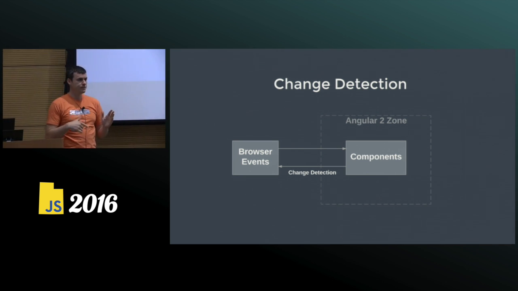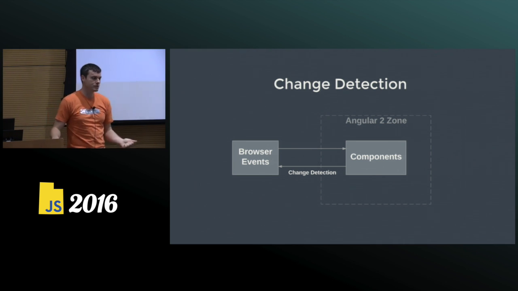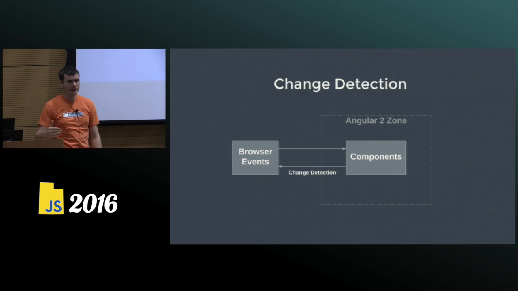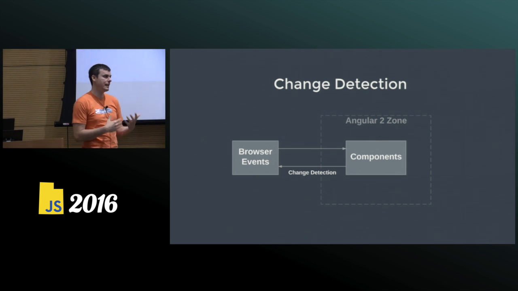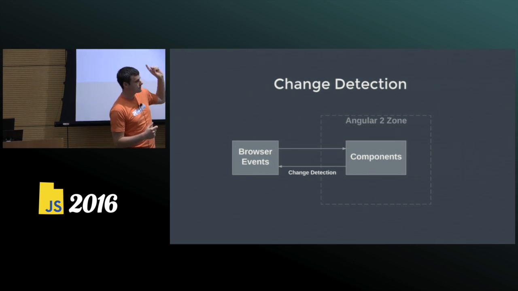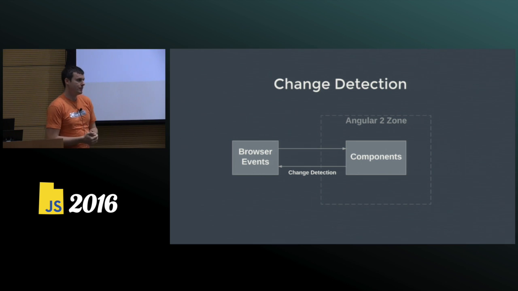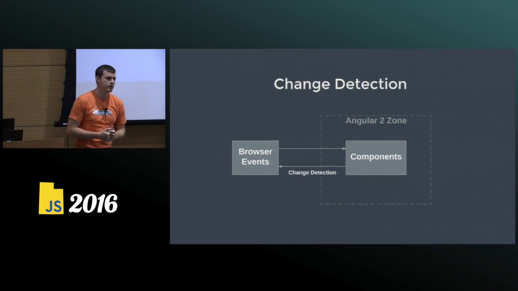After the set timeout finishes, when it calls that function, it still knows which zone it's in. And since it knows which zone it's in, it can also run code when it enters or leaves zones. And so you have an Angular 2 zone. Anytime the JavaScript finishes an asynchronous event inside of a zone, it will know to update any changes.